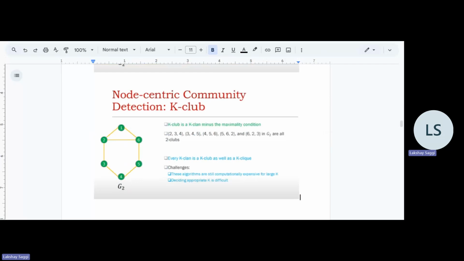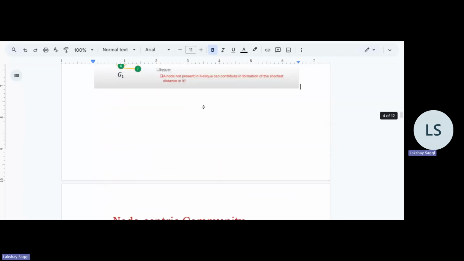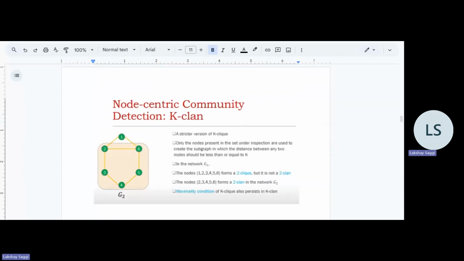Then, again, to the definition: this is an extension of the K-clan. In the K-clan, we had all the conditions of the K-click, with just an additional property about the shortest path.